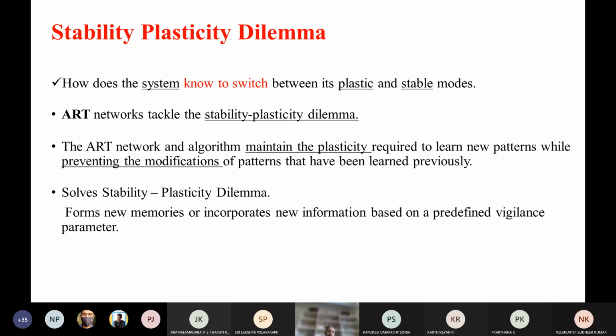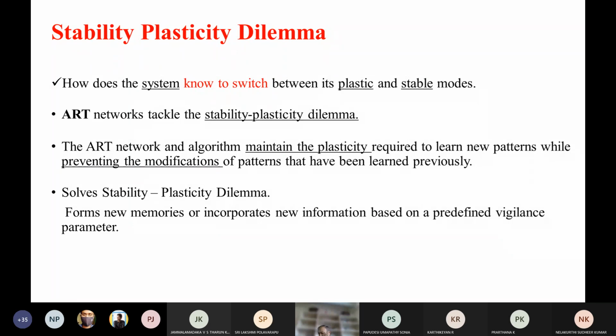So how it solves the stability-plasticity dilemma is that the ART network tries to form new memories. New memories in the sense that they may be part of a short-term memory, or part of a long-term memory. It tries to form new memories, or incorporates new information, based on the predefined vigilance parameter.